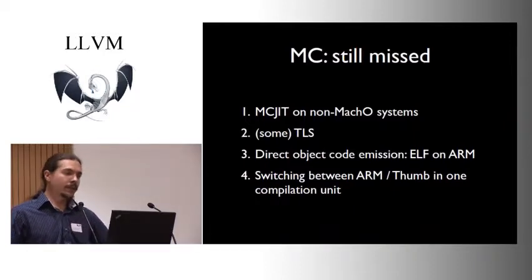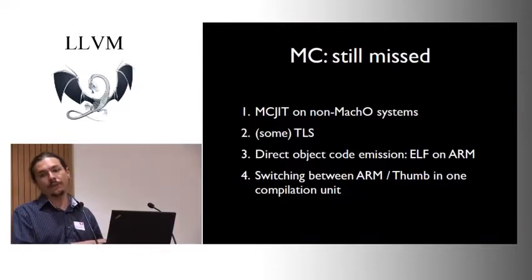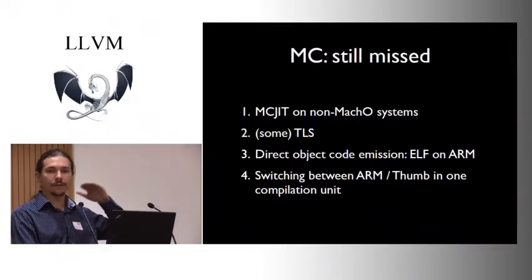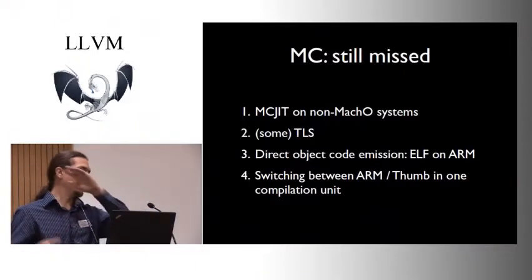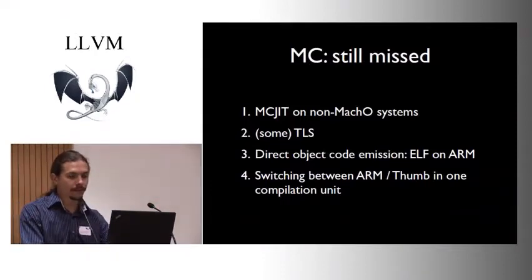Another deficiency of the backend right now is that you cannot switch between different modes inside one compilation unit. So you might only have, say, the whole compilation unit in either ARM mode or Thumb mode. That's a current deficiency.